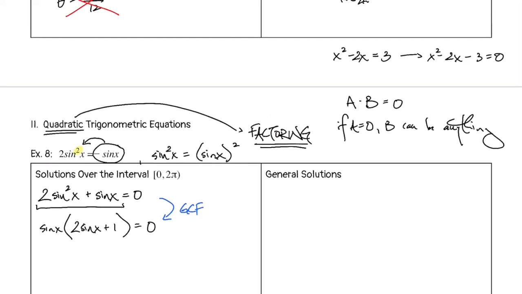But let me ask you a separate question. A times B equals 1. What could A equal? Give me some possible values for A and B that make this true. Okay, A could be B, which could be 1. That's valid. Okay, what else?